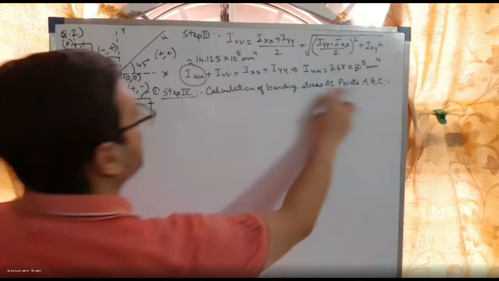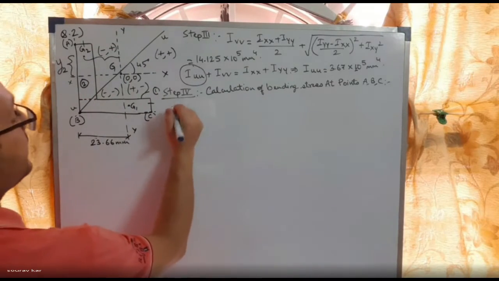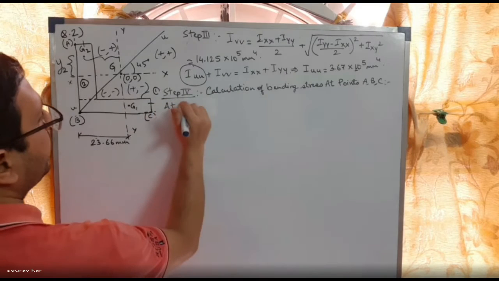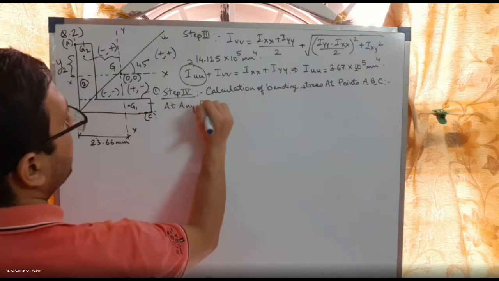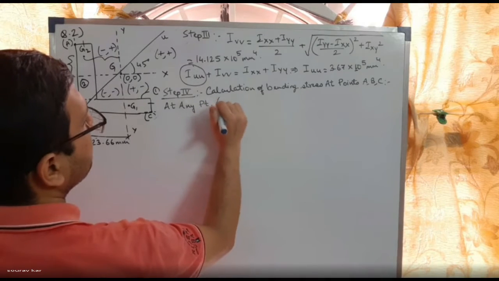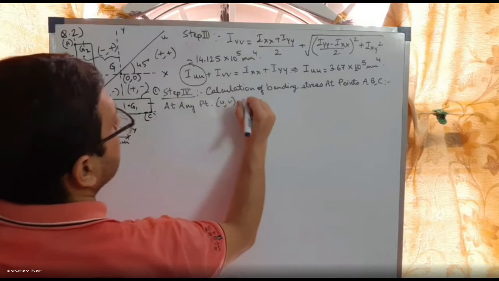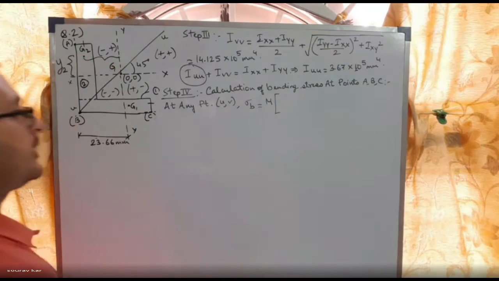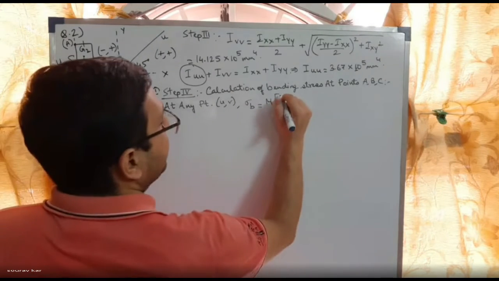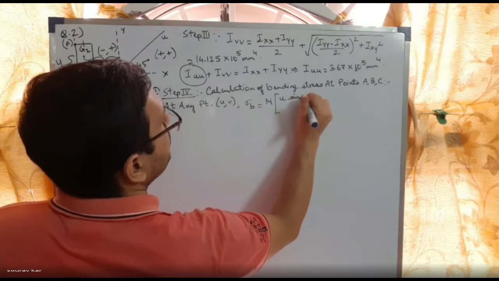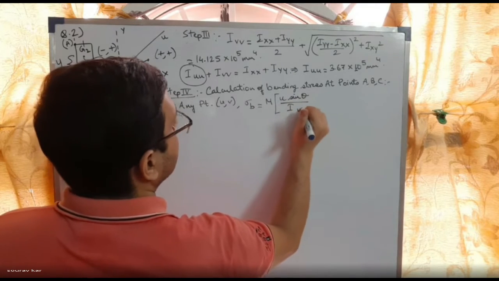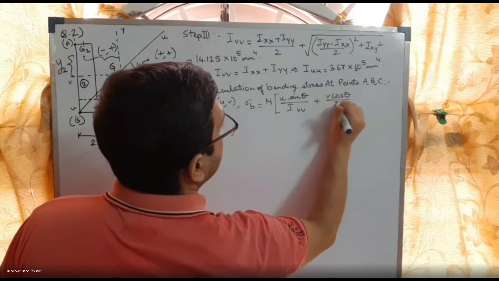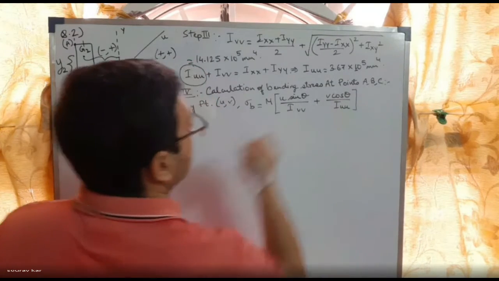Calculation of bending stress. So now we have to calculate sigma B. What is the formula for sigma at any point? Already we know that at any point, let us consider u comma v, the bending stress is M into u sin theta by IVV plus v cos theta by IUU, right?